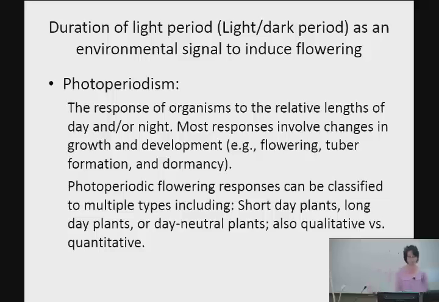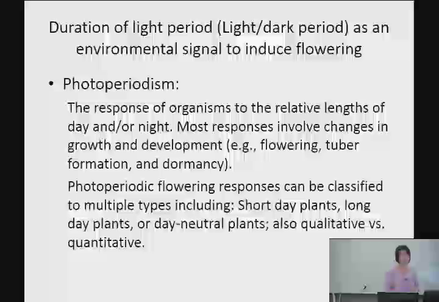So, the duration of the light period or dark period in a 24-hour cycle is an environmental signal for plants. Many plants use this as a signal to change the direction of growth, whether to start flowering or not. Another important response of the plant is tuber formation, like potato, often triggered by short day.